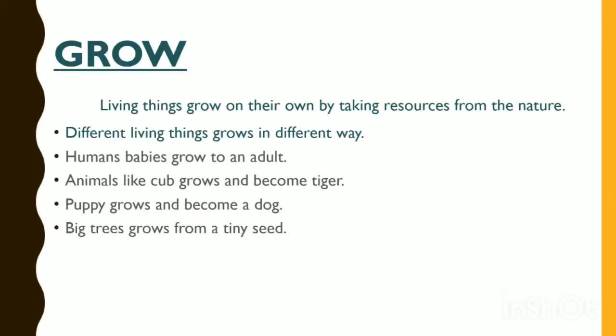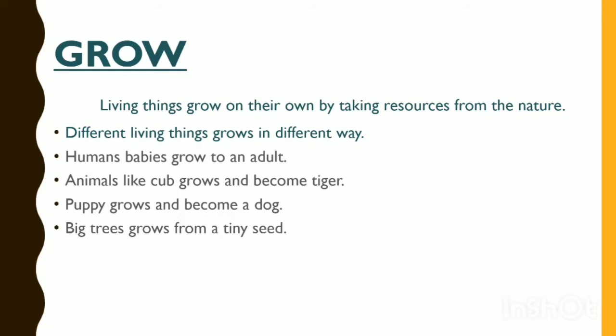Next is growing nature. Living things can grow on their own. They do not need any help from any other animals or things. They take resources from the nature and grow by themselves. As an example, you all have seen babies in your home or among your relatives or neighbors.